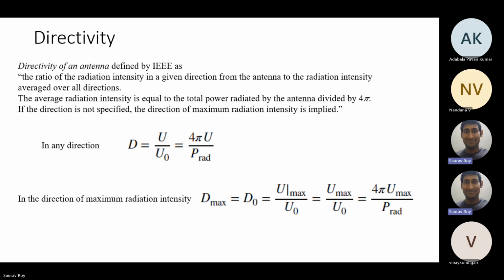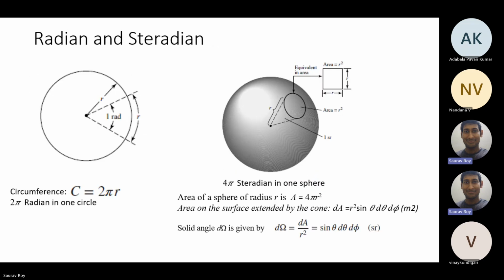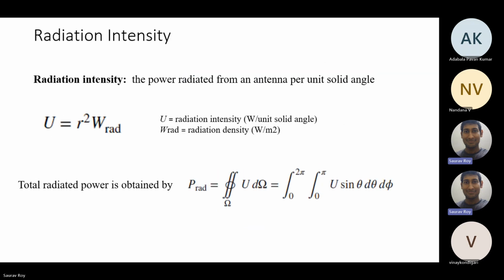If the antenna is situated at the center of a sphere, the total solid angle it extends over the sphere is 4 pi. You see it written there, 4 pi steradian in one sphere. So the radiation intensity U naught equals P rad divided by 4 pi. I hope you understand.